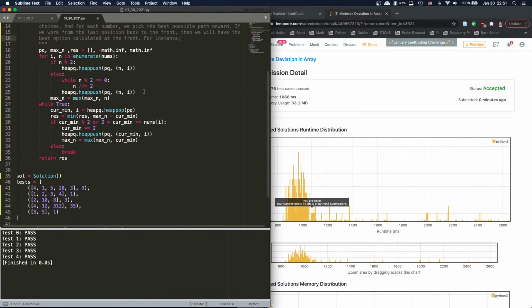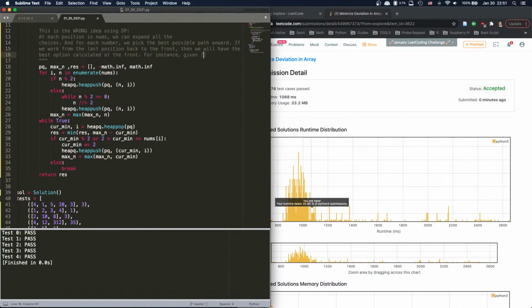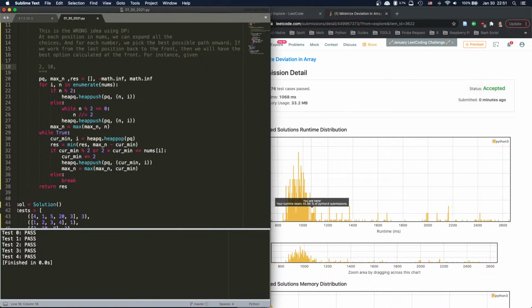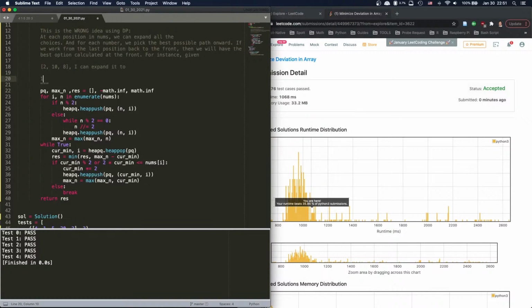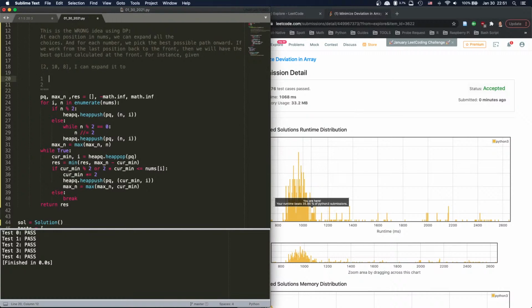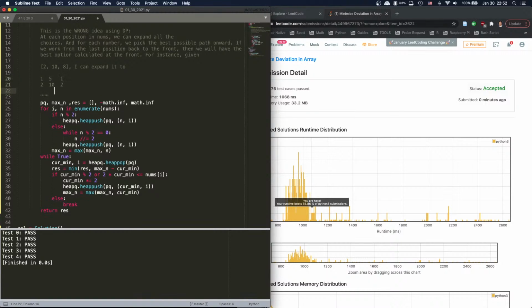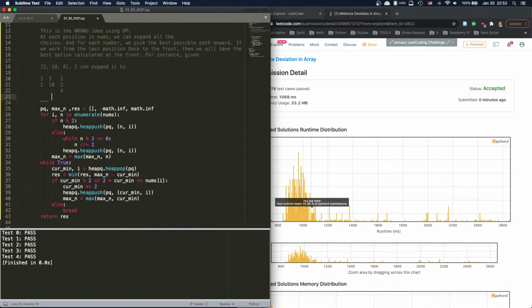For instance, given 2 and 8, I can extend it to 2, 1, 2, 5, 10, 1, 2, 4, 8.